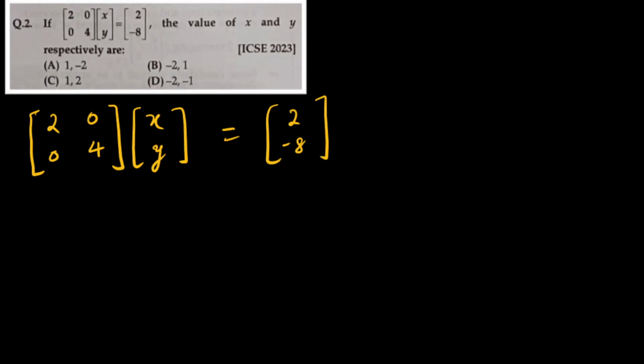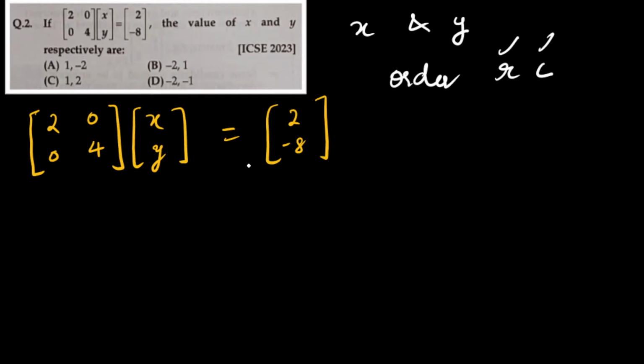So how to do matrix multiplication? We have to do multiplication and find the value of x and y. First of all, like I have told you, we write the order like this: R, C, rows, columns. First of all, we have to check also.